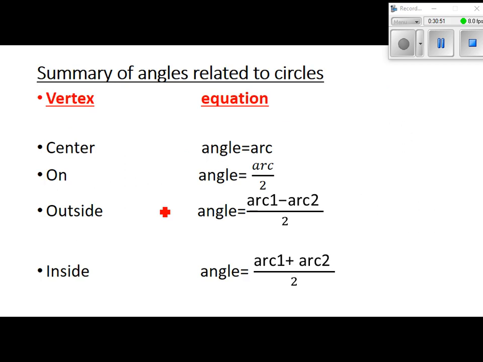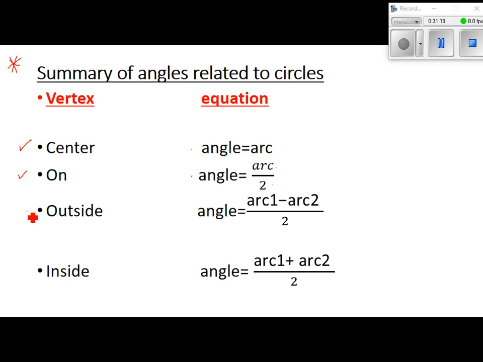This is the page that's probably the most important. It tells you all the different formulas. This is on the homework. If your vertex is at the center of the circle, the angle and the arc are the same. If the vertex is on the circle, no matter what, then the angle equals the arc divided by 2.